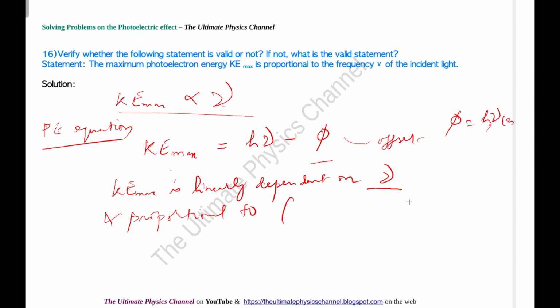Threshold frequency. So nu minus nu th is present here.